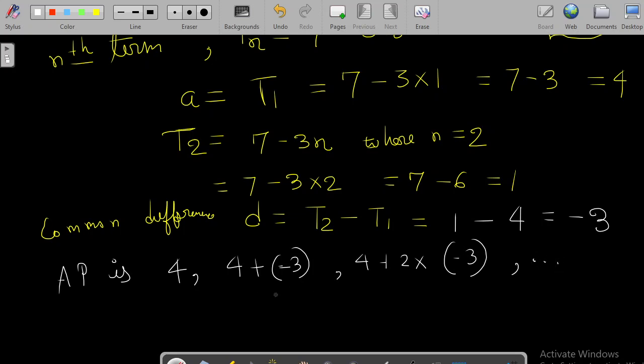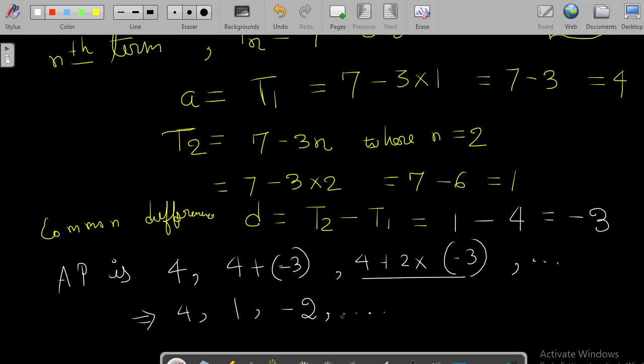If you write the first three terms and give a dot dot dot, it will be fine. So the AP is 4, 1, and then minus 3 into 2 is minus 6, 4 minus 6 is minus 2, and so on.